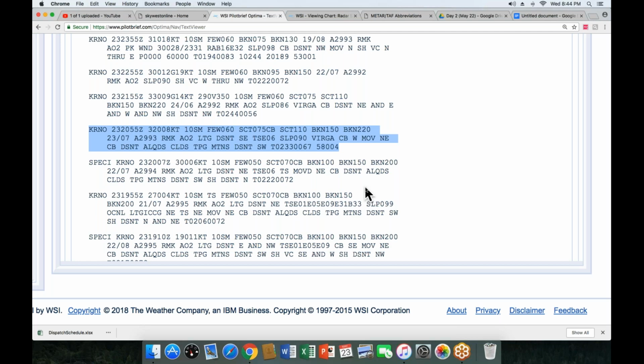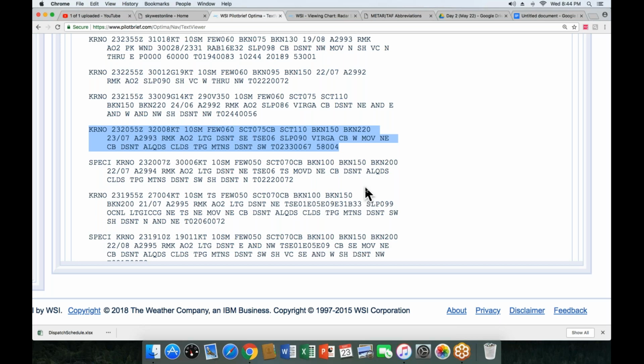All right, so it's the 23rd of the month at 20:55 Zulu. The wind's coming in at 320 degrees at 8 knots.